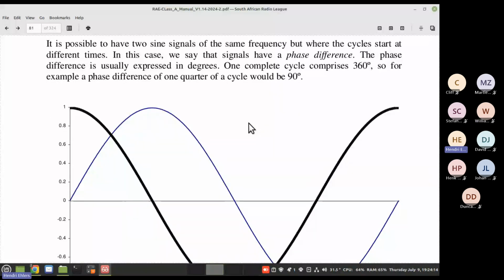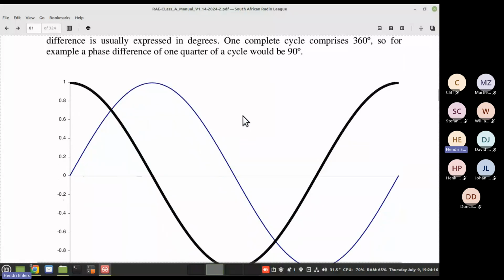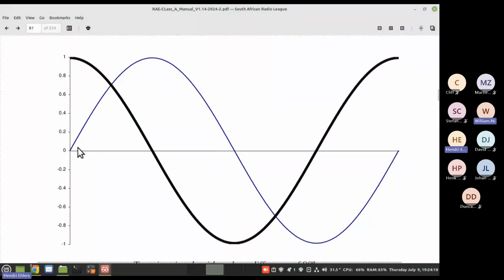Now, I'm going to just sum this up. What it basically means here is that we've got a cycle that starts and completes over there. But here we've got a cycle that has already started over here.